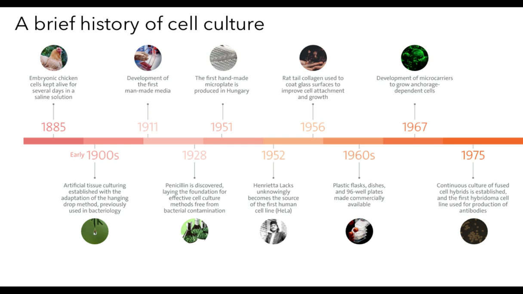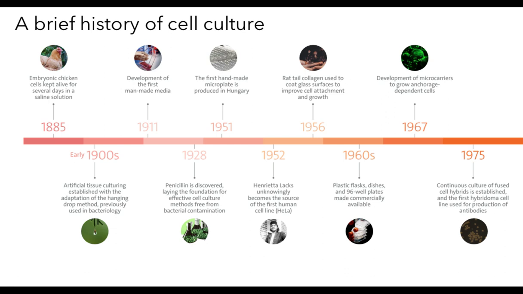Anchorage-dependent cells were being developed at that time such that you could grow them on other sorts of surfaces, including microcarriers, very, very small particles, which increase the surface area for growth. And then on the cell culture side, there was a development of fused cell hybrids, different sorts of cell lines fused together, and the creation of hybridoma lines, which were used initially for the production of various antibodies.